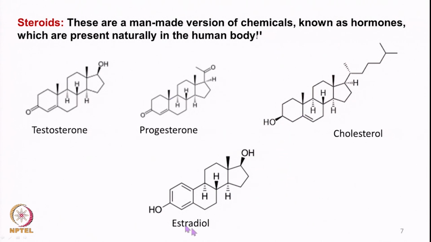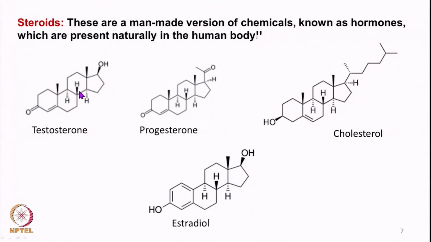Now, similarly, we have estradiol, which is important from both male as well as female sex hormones point of view. As you can see, these hormones or the steroid type of skeletons have 4 rings, A, B, C and D. The A, B and C rings are 6-membered and the 4th ring is a 5-membered ring.